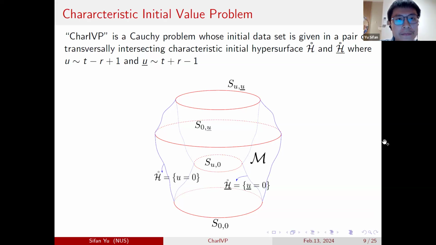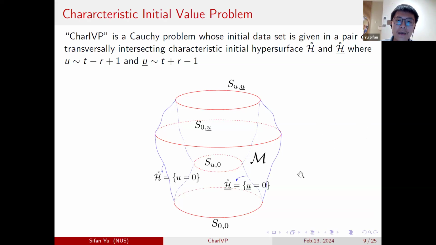For our problem, the characteristic initial value problem, we impose our initial data on the wave characteristics. Basically, we pose our initial data on null cones. How we impose them is a big question, and I will show you in maybe five slides. But for now, let's just understand what the characteristics are in this problem.